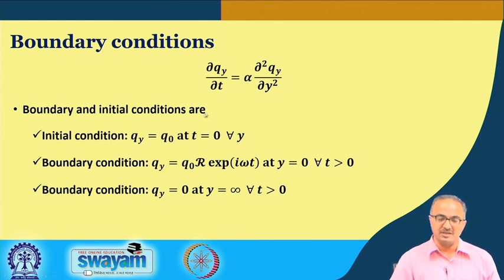So, for convenience sake, we put in terms of the Q, and we find that the initial condition is Q_y equal to Q naught at t equal to 0, and one end of the boundary condition is given like this particular sinusoidal heat load, and on the other side we have no heat load, so we are putting that to be 0. So, that is how we are able to reduce the initial energy balance equation in terms of temperature to the equation in terms of the heat flux.